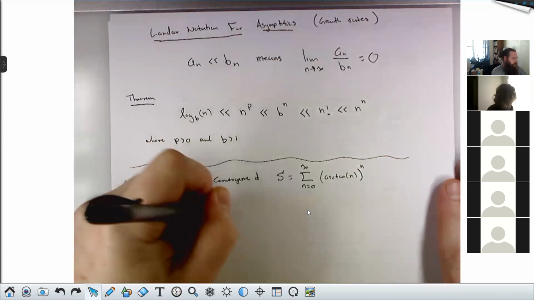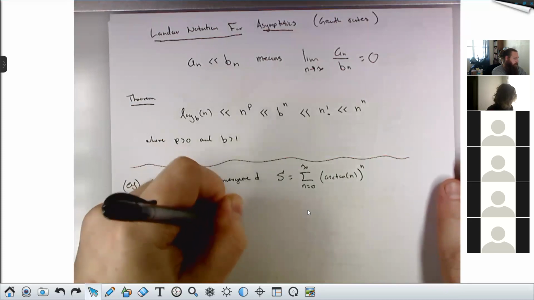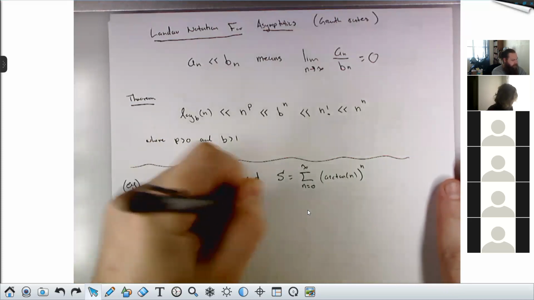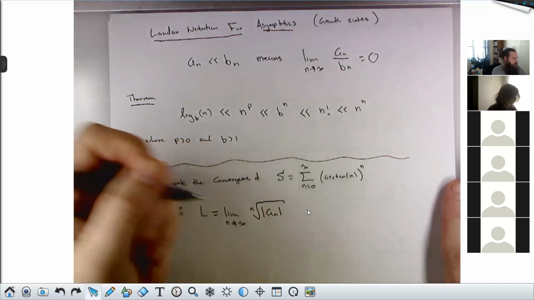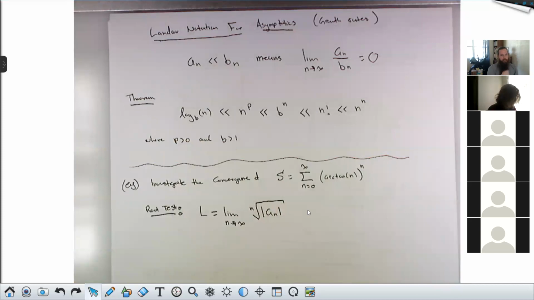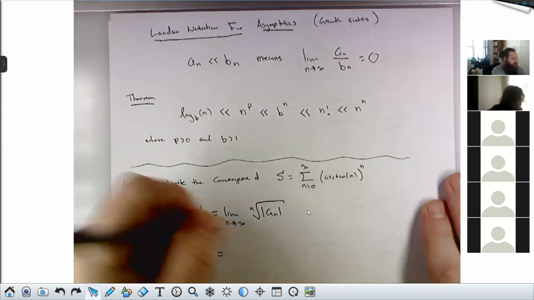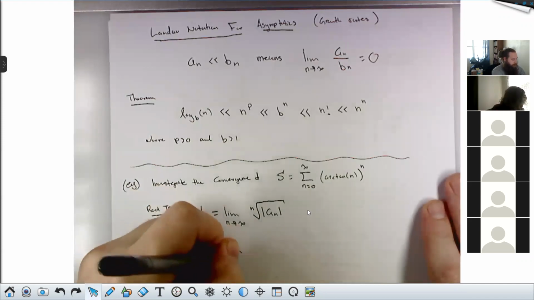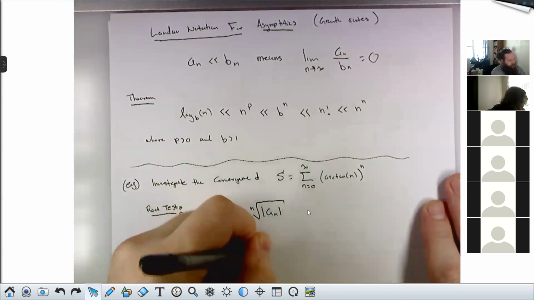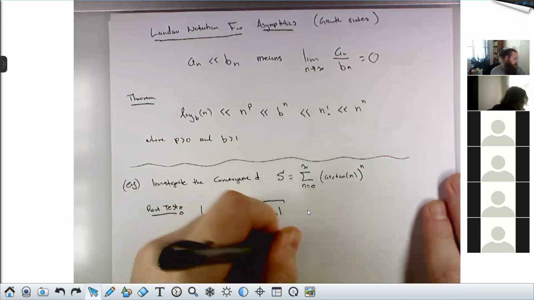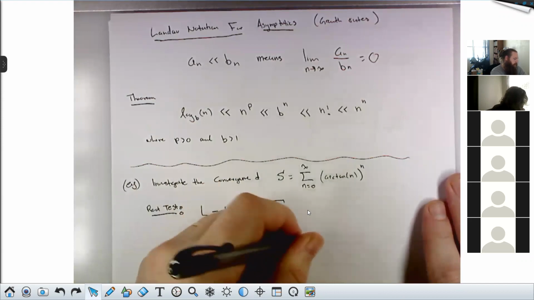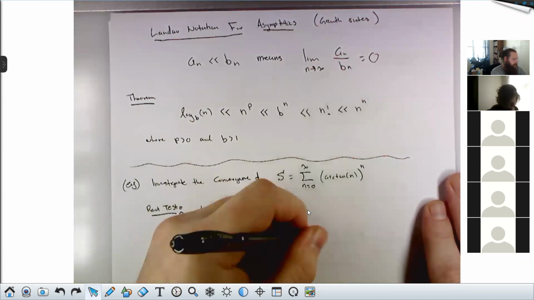L for the root test is the limit as n goes to infinity of the nth root of the absolute value of an. And if we plug in the an we have here, that's the limit as n goes to infinity of the nth root of the absolute value of arctan of n raised to the n.